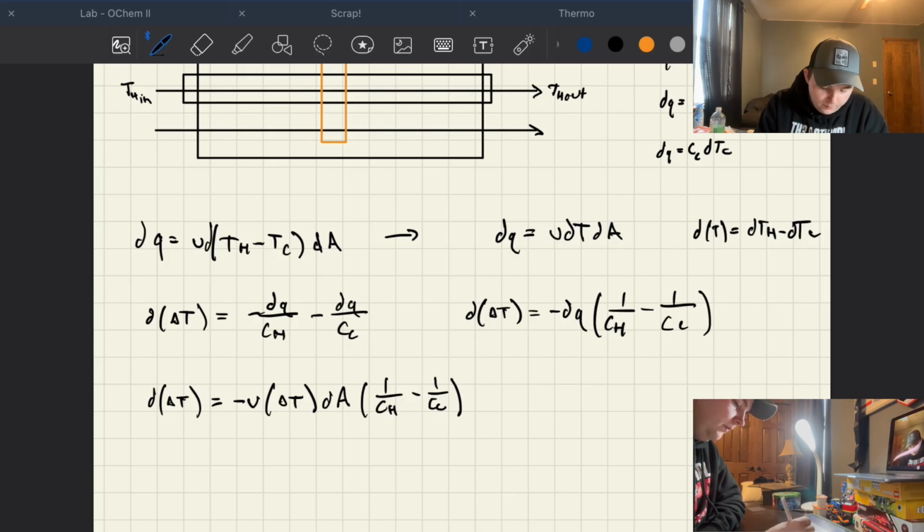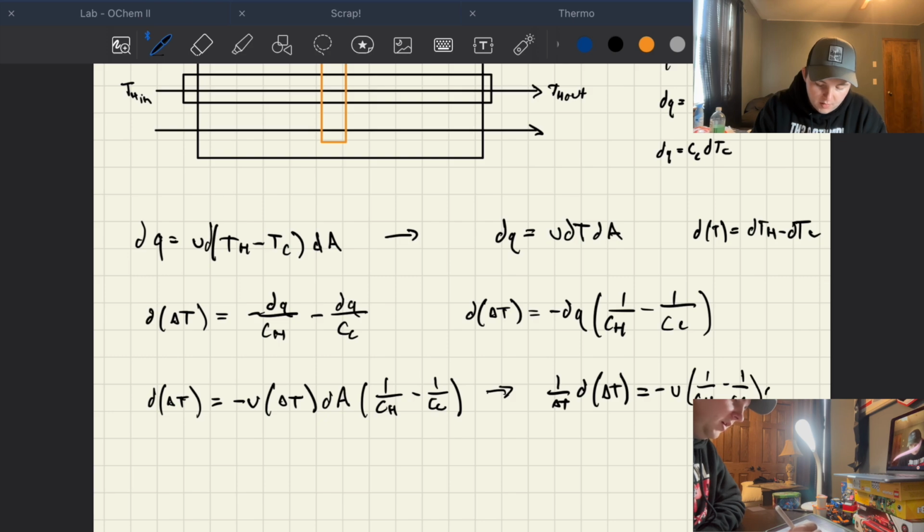Then we can cancel units out. So we get 1 over delta T d delta T equals negative U times 1 over CH minus 1 over CC dA. Just trying to get rid of that delta T term, or nullify it.